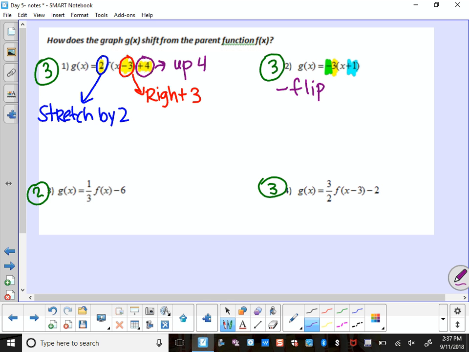Which one would it be if it's bigger than 1? Sure. My plus 1 inside my parentheses is left or right. Which one would I go? The plus. Yep. Left 1. That's the one that I think about, plus sign.